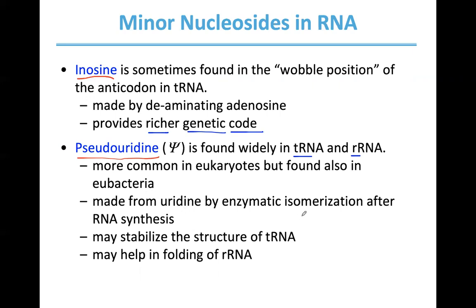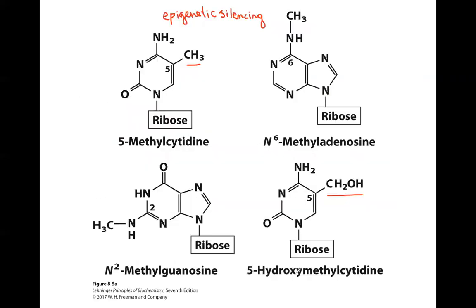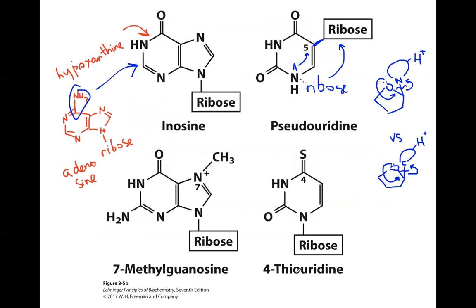All right, so this happens after RNA synthesis, right? So it's a post-transcriptional modification. It may stabilize the structure of tRNA. It also says here it may help in folding. Maybe what was said earlier regarding the NH.